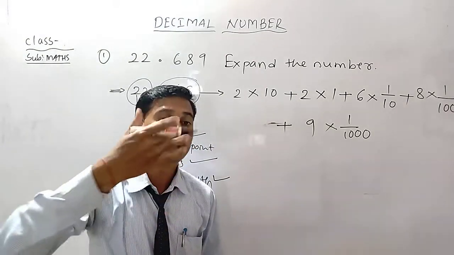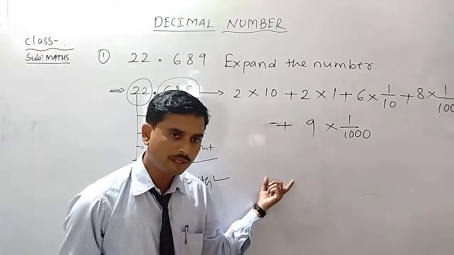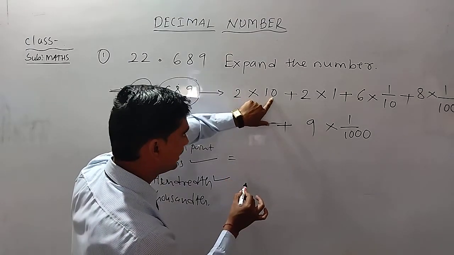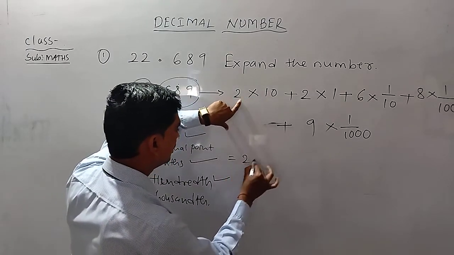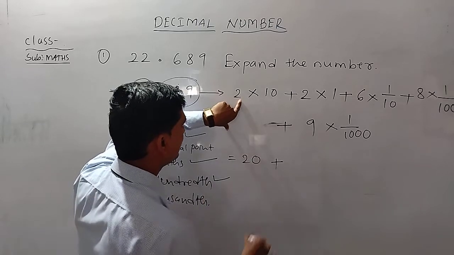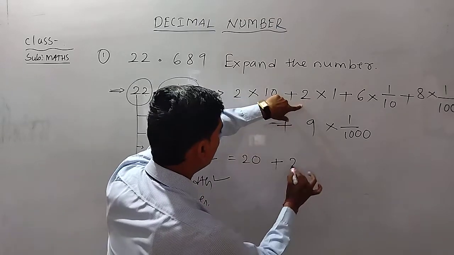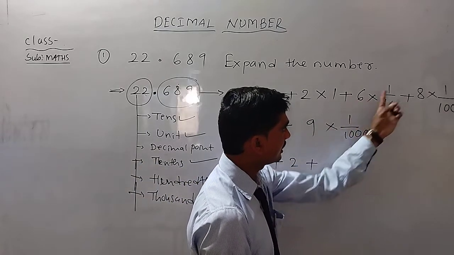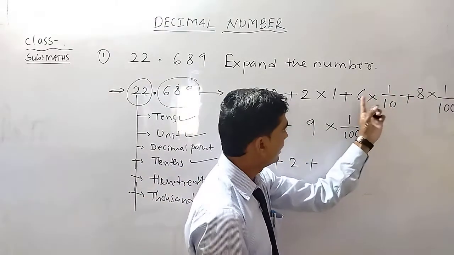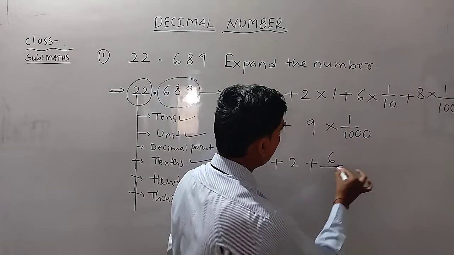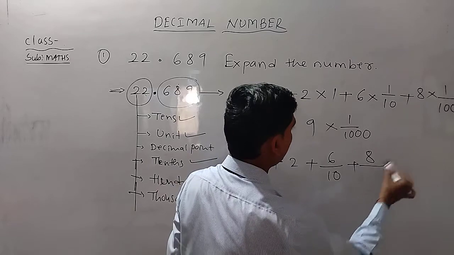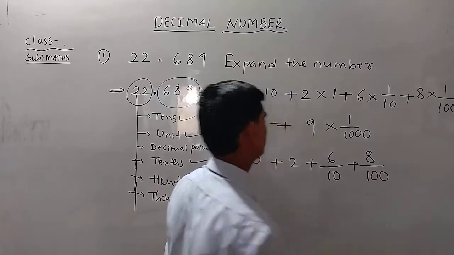Now only one line you should expand. Here also is equal to 2 into 10. 10 2s are 20, plus 2 1s are 2, plus here 6 multiplication 1 by 10. Then 6 1s are 6 by 10, plus 8 1s are 8 by 100.